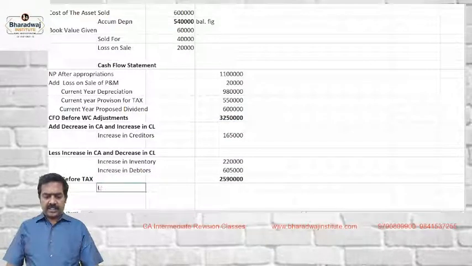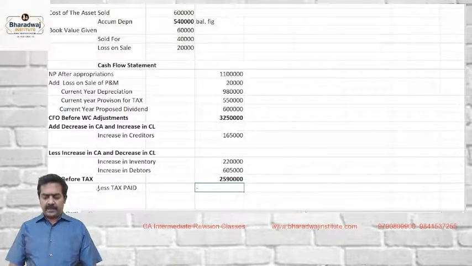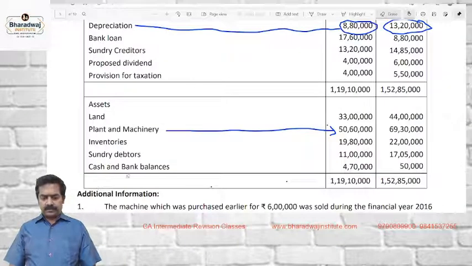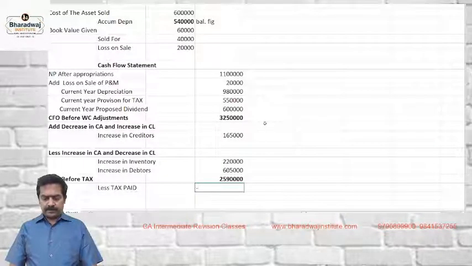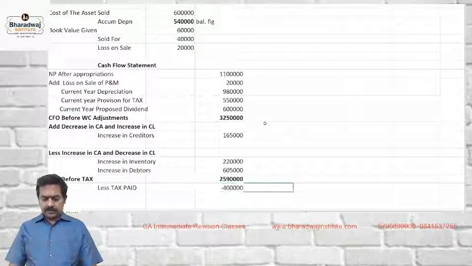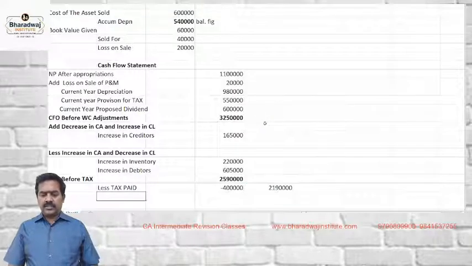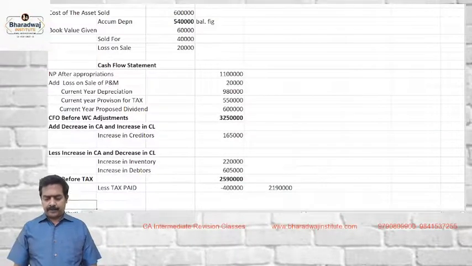Less tax paid. The opening balance will be taken as paid. What is the tax paid amount? 4 lakhs. This is the CFO after tax.